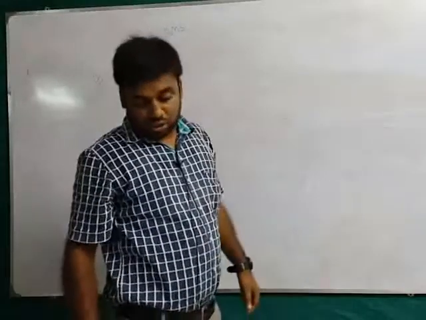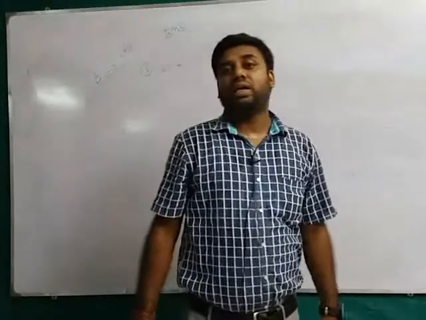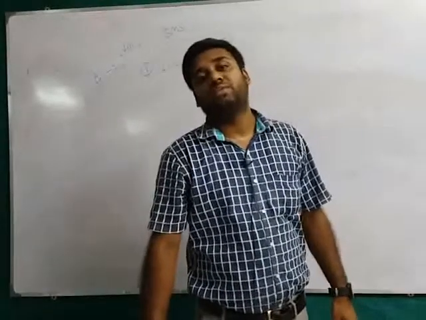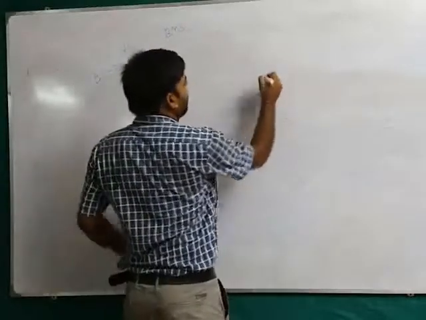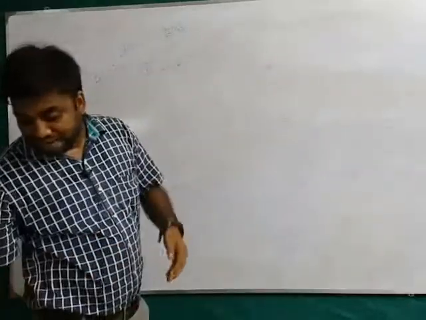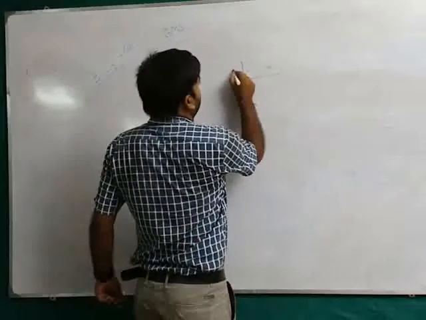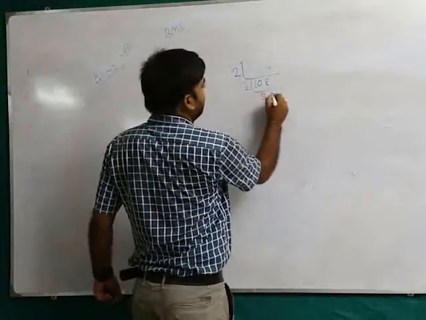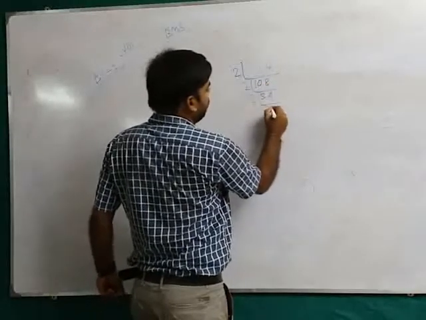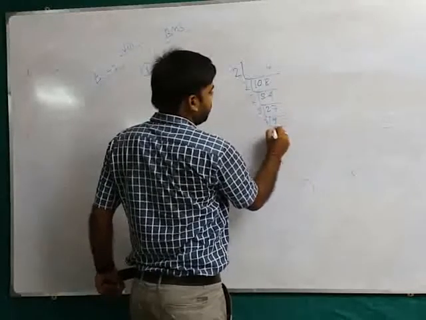To solve these sums we need to take help of prime factorization. As the unit digit of 216 is an even number, we divide by 2: that is 108, divided by 2 is 54, 2, 27, 3, 9, 3, 3.